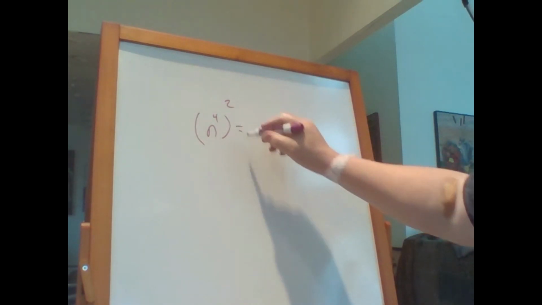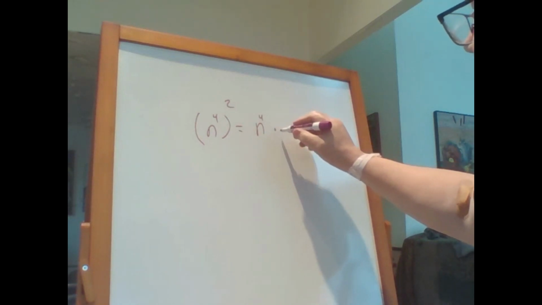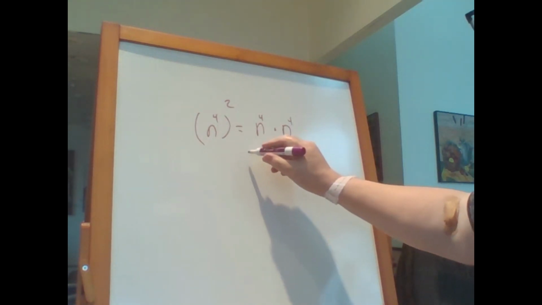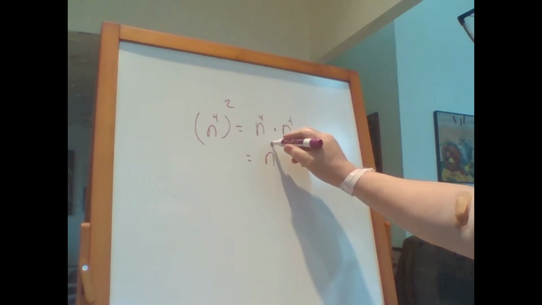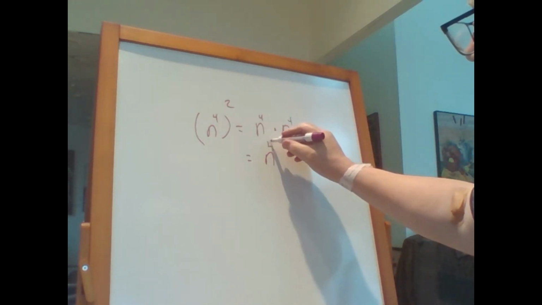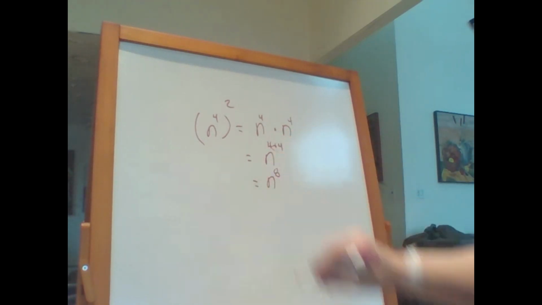That means we have n to the 4th times n to the 4th. And n to the 4th times n to the 4th means n to the 8th, or 4 plus 4 equals n to the 8th.